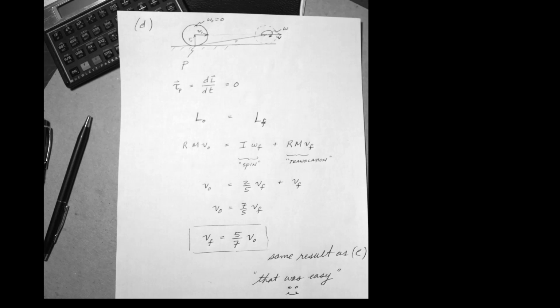So if you do the algebra, plug in our value for the rotational inertia of a sphere, and simplify, you get the same result we got for part C. But wasn't this easy? Fun.